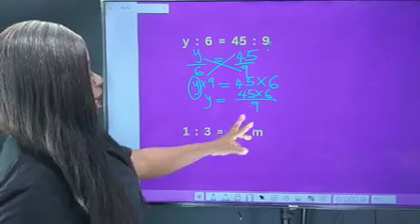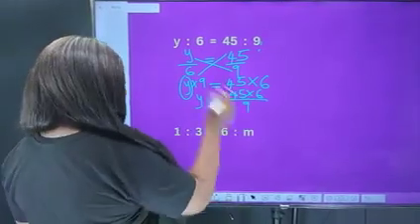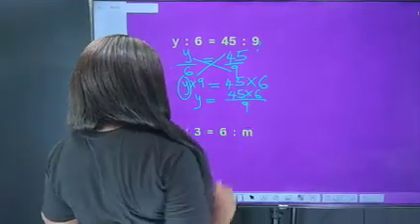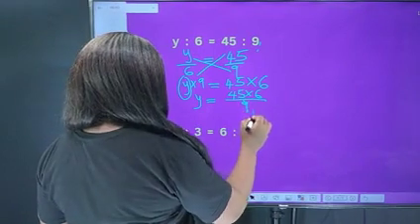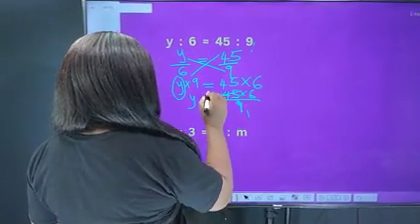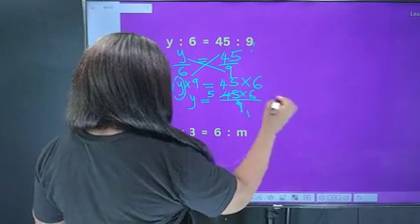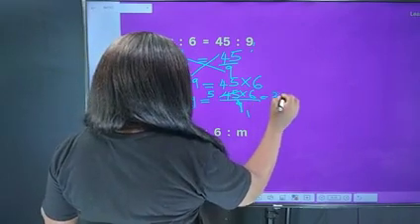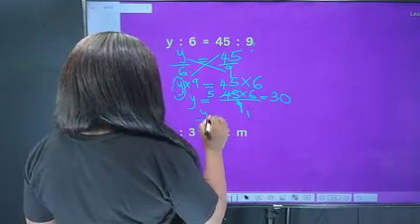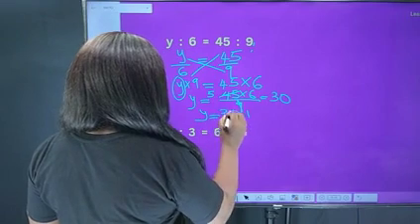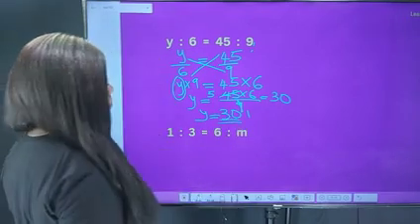So at this point, we can reduce to the lowest term. So what can divide? 9 can divide 45. Yes, 9 into 9 is 1. 9 into 45 is 5. So 5 times 6 will be 30. It then means that y, which is our missing ratio, is equal to 30.